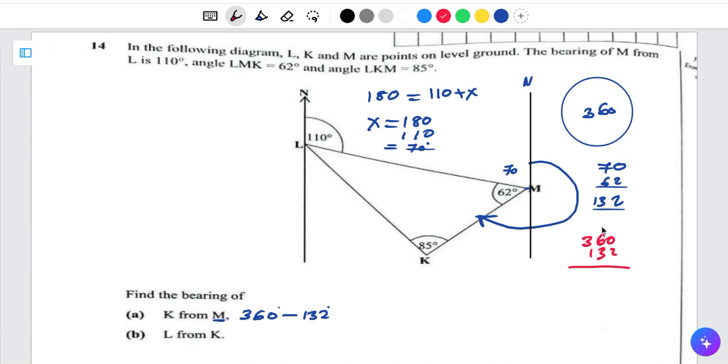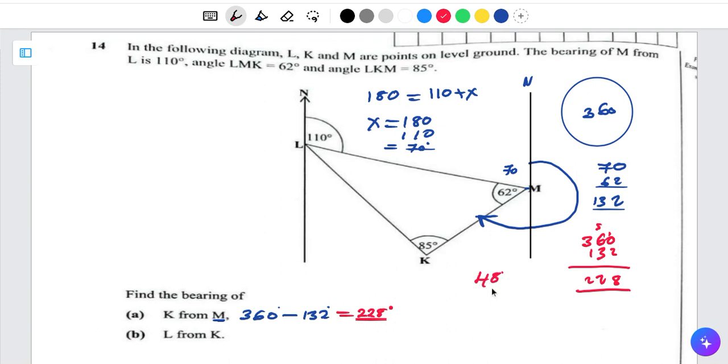What about this one? So we are coming from K. We need to find the bearing of L from K. So we are coming from K going to L. Not the L that is between the even and the L. Which one can you choose? So we are coming from L. So let me just draw a north line here.